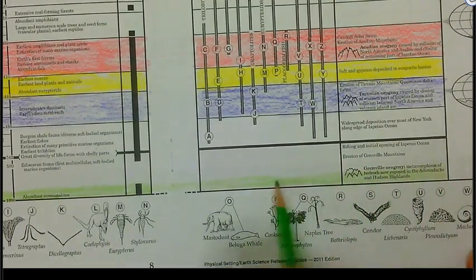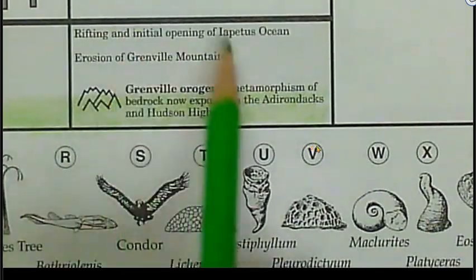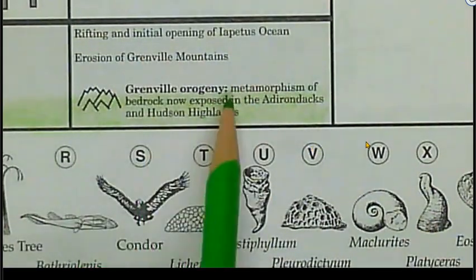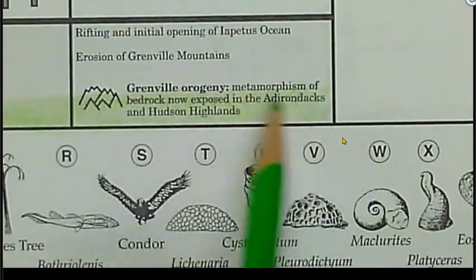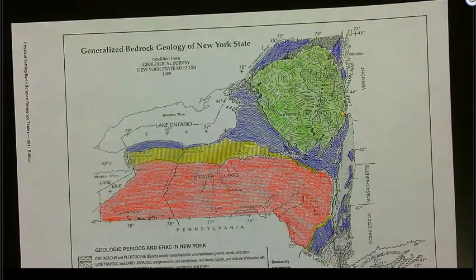And notice what it says for the Grenville orogeny, that this is metamorphism of bedrock now exposed in the Adirondack and Hudson Highlands. Well, where are the Adirondacks? The Adirondacks are right where we just shaded the middle Proterozoic rock.